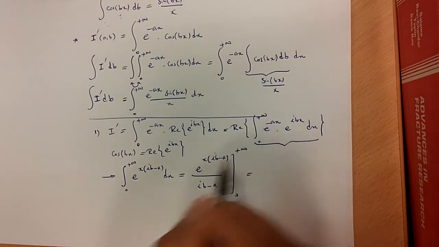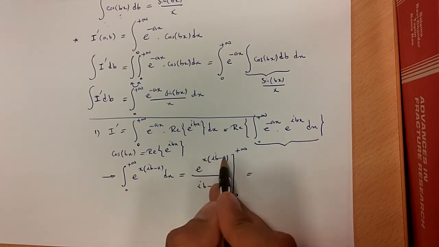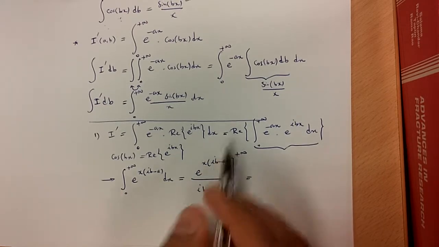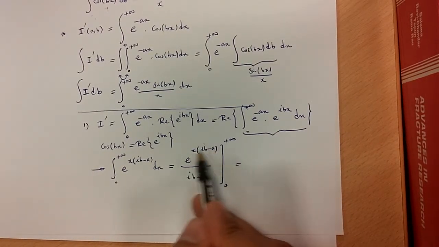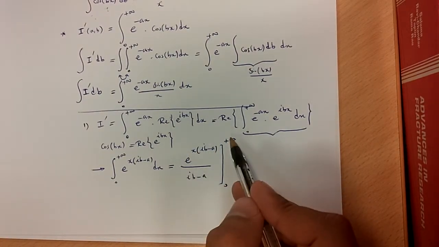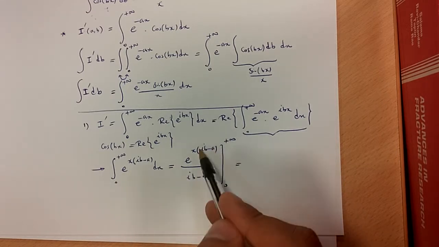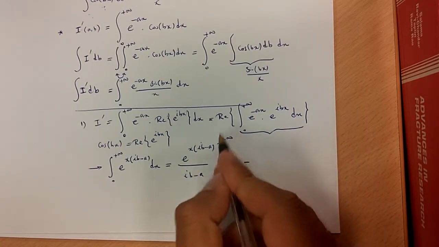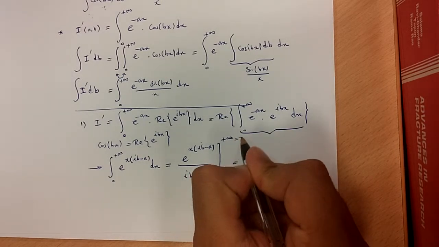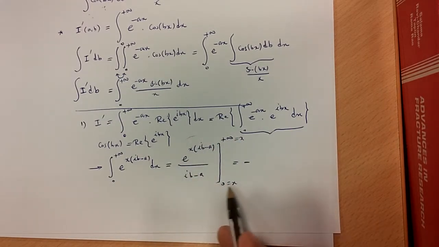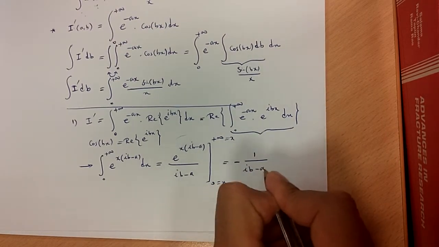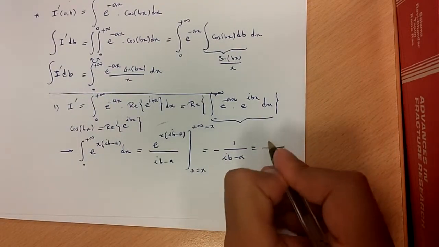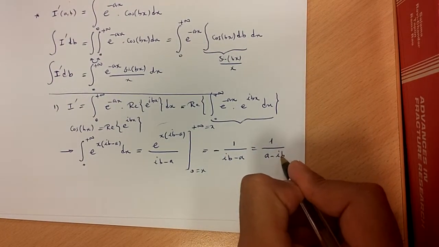At plus infinity, we have a term exponential of minus ax, and because a is a positive real, it tends to 0, so the whole term tends to 0. Minus the term evaluated at x equal to 0, this gives 1 over (ib minus a), or simply 1 over (a minus ib).